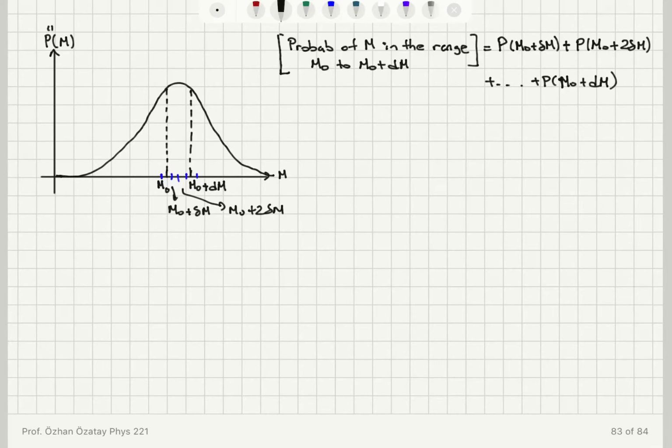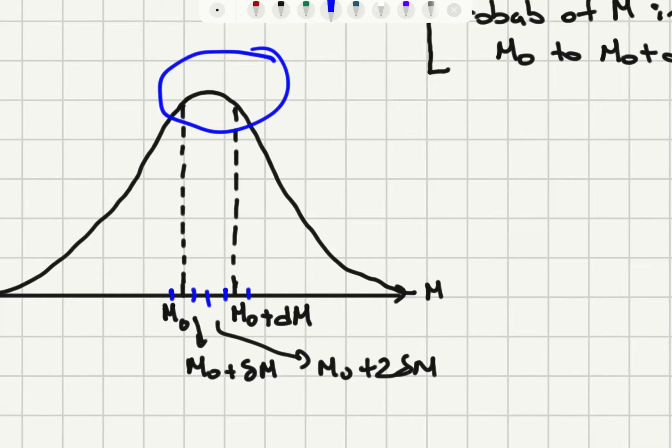Okay, so here the assumption is that when I concentrate on the corresponding probability values, they are very close. So basically I replace this probability distribution function by choosing a small enough range with this.